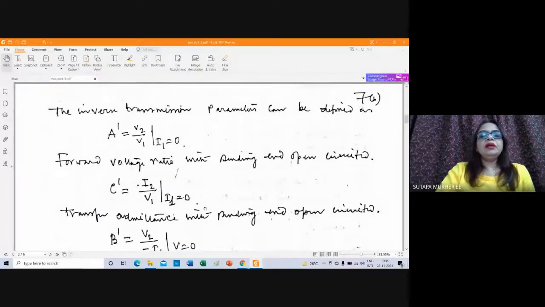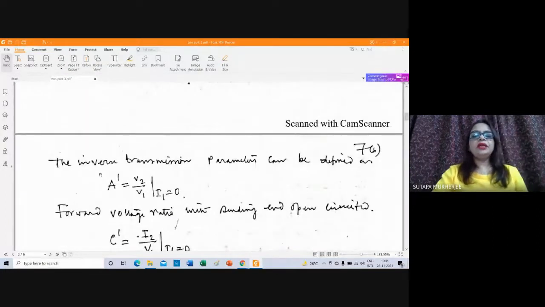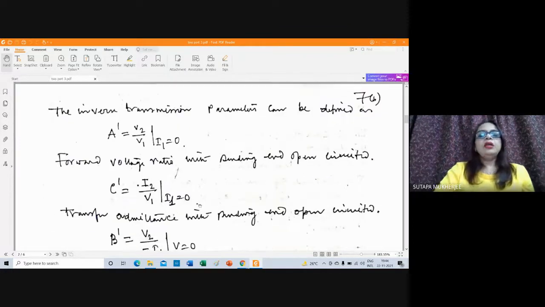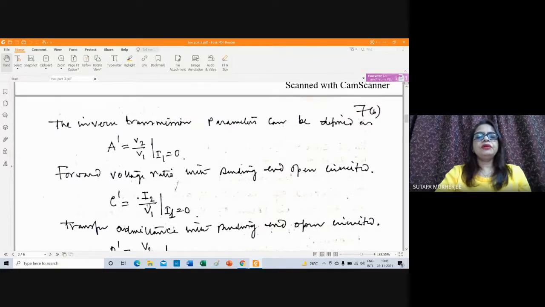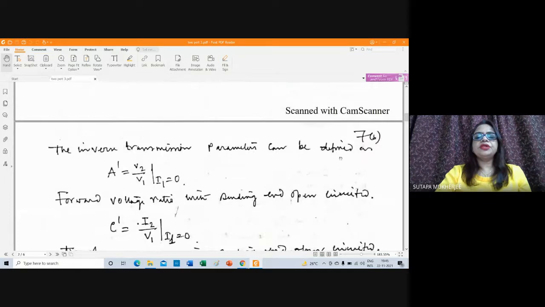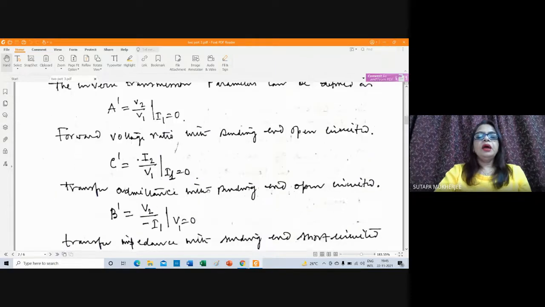A dash is called the inverse transmission parameter, that is the forward voltage ratio with sending end open circuited, V2 by V1. And C dash is I2 by V1, that is transfer admittance with sending end open circuited. It is called transfer admittance because I by V is admittance.